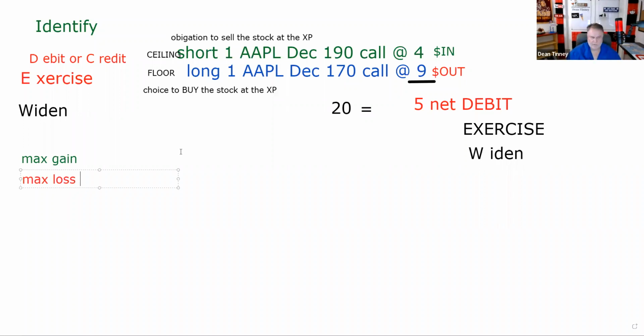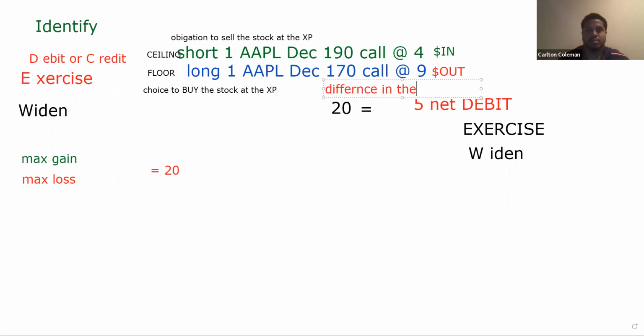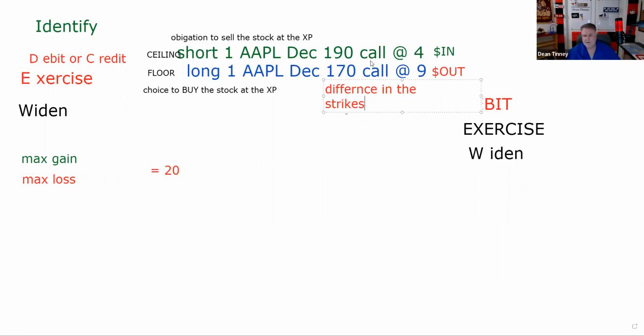Whatever these 2 numbers are, they're going to add up to the difference in the strikes. So let's just put that here. There's our difference in our strikes. All the action in a spread takes place between the strikes, between that 20 points. That's the whole point of the spread. Now, of those 2 numbers, we've already got one of them.